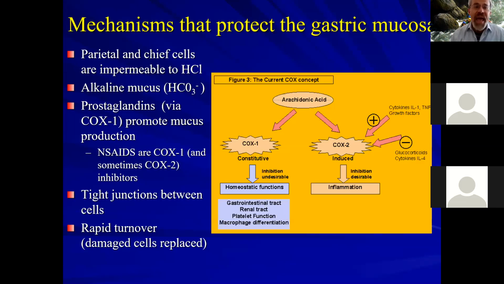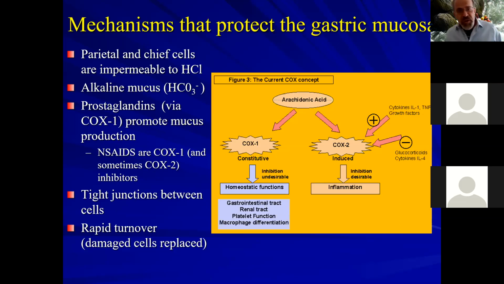All right, okay. Last slide I want to mention has to do with why normally we don't digest our stomach, if you think of all this acid in the stomach. Well, there are several reasons.